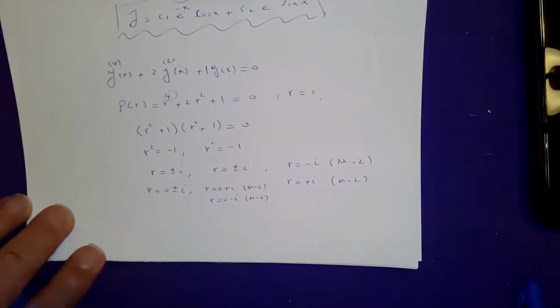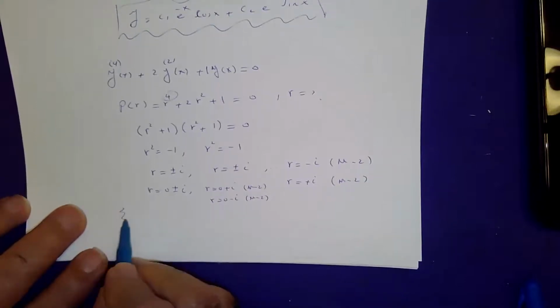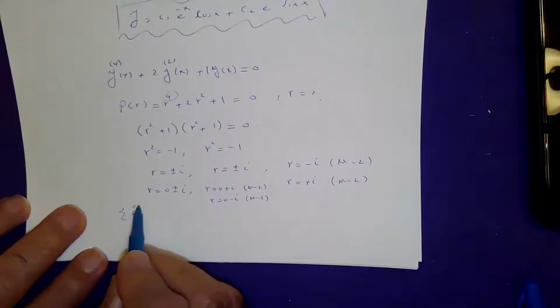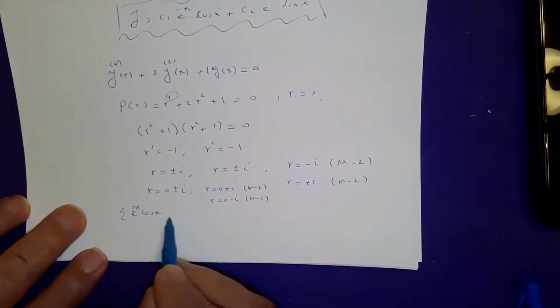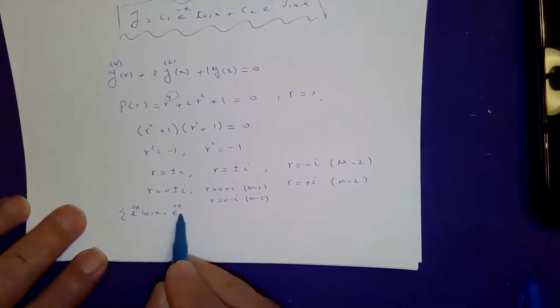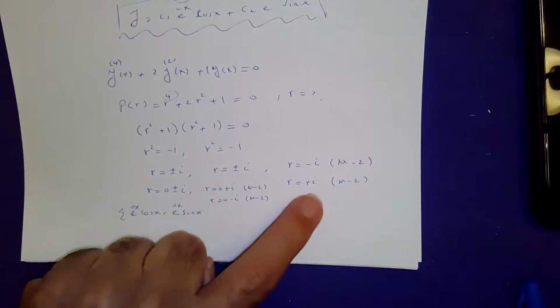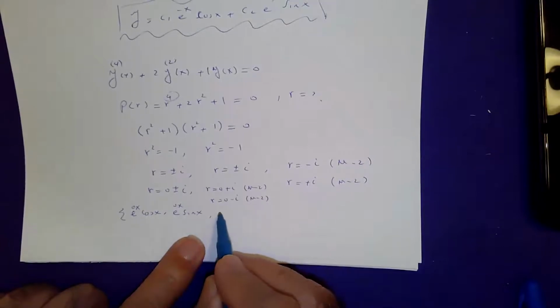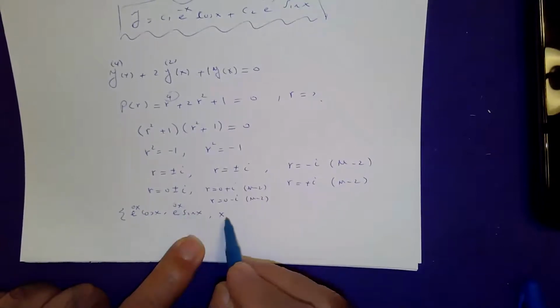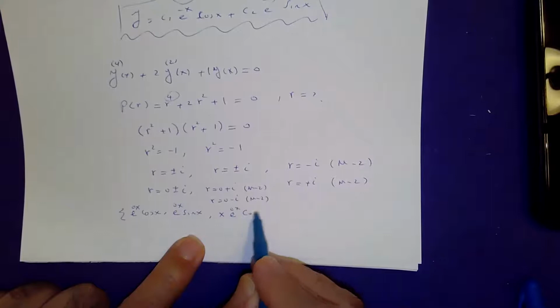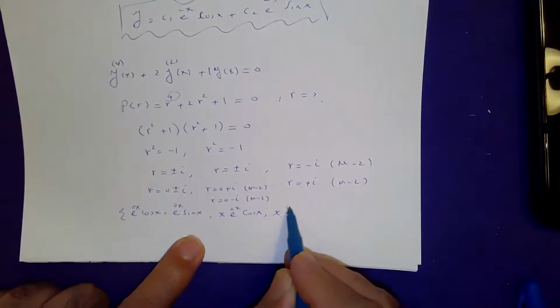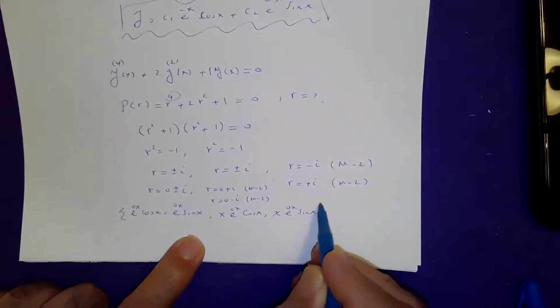So what would be the solution? The fundamental solutions: e to the 0x cosine of x, e to the 0x sine of x. But remember, these are repeated. So the next ones are x e to the 0x cosine of x, and x e to the 0x sine of x.